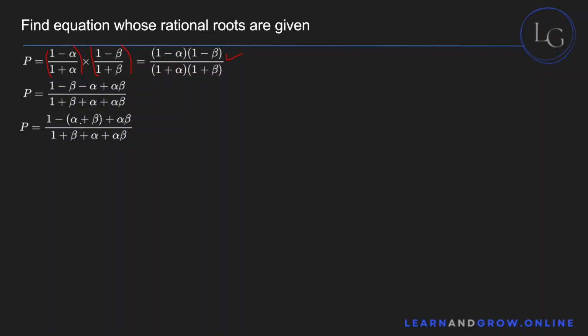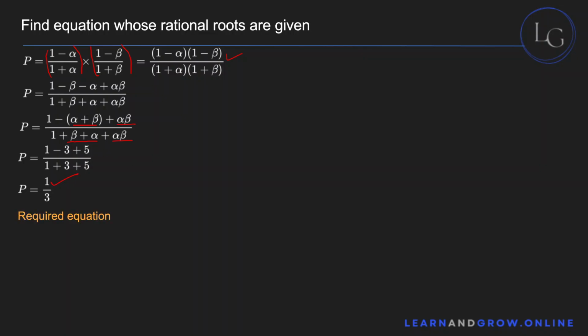So you'll now replace this alpha plus beta with 3, this alpha beta with 5, this alpha beta with 5, and this alpha plus beta with 3. And you get this. Now, upon further calculation and simplification, this is what it comes down to. The product of roots is equal to 1 over 3.